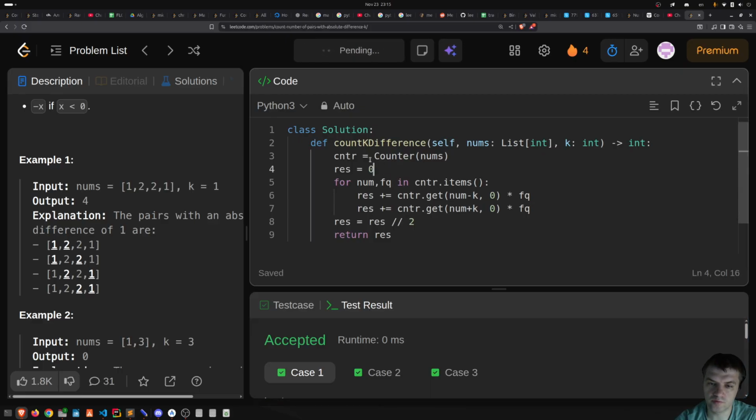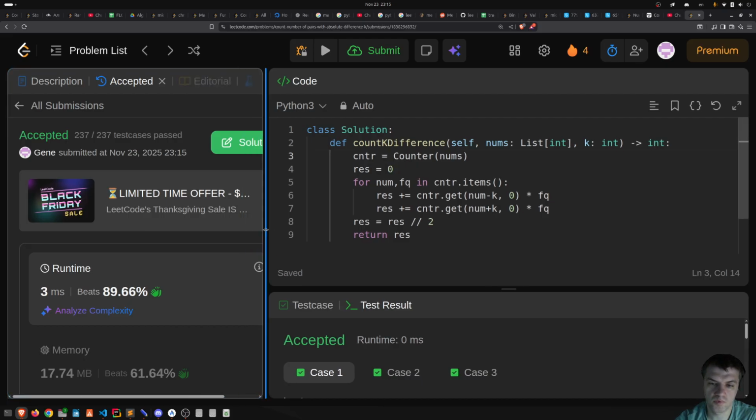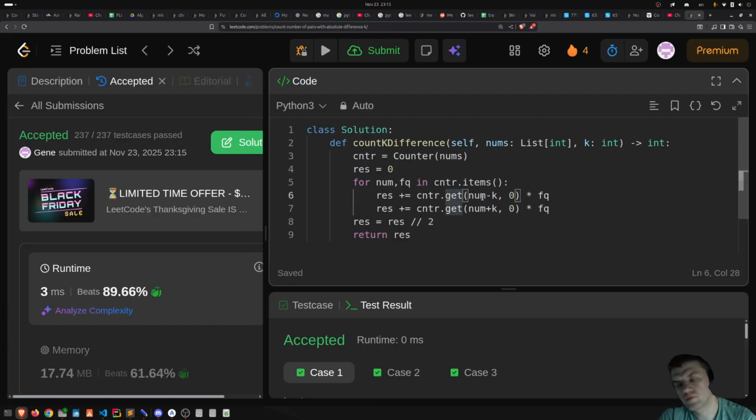I thought that counter should return 0 by default for the get when it doesn't exist, but it seems like it's not doing that. What if I cannot do this?